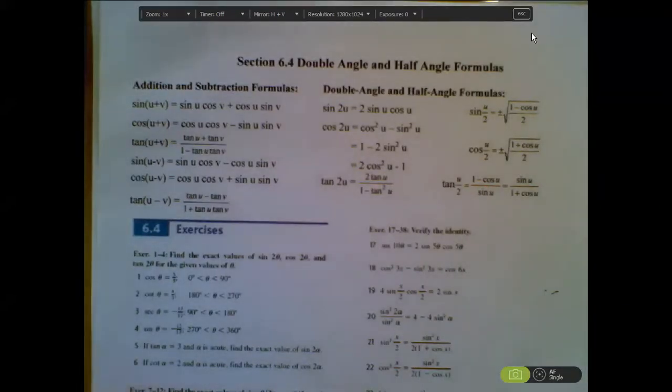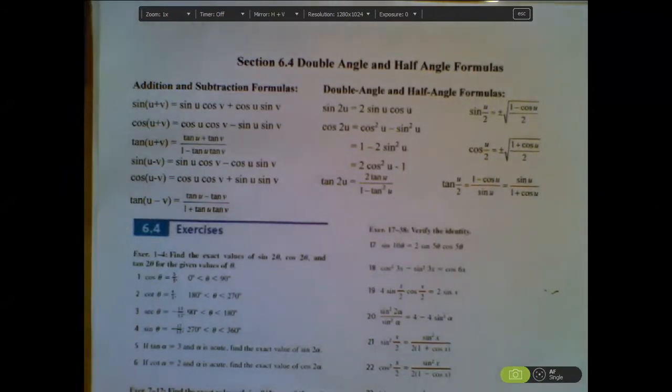All right. In section 6.3, we had addition and subtraction formulas which enabled us to find exact trigonometric values for angles we did not have memorized on the unit circle, as long as we could figure out a way to write the angle that we wanted in terms of the sum or difference of two other angles.